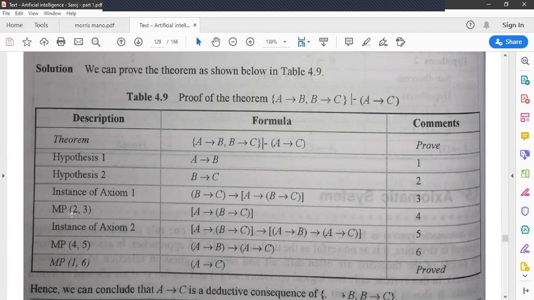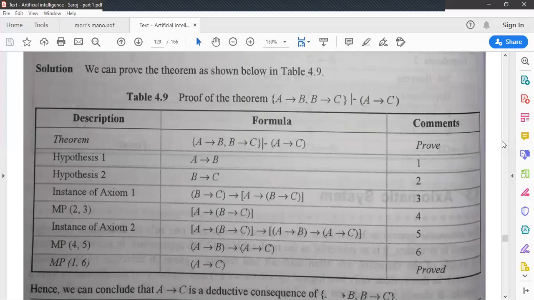Next you are applying Modus Ponens rule on line number 2 and 3. What is line number 2? This B implies C. What is line number 3? That axiom 1. When you look at this, you find that B implies C, B implies C, they both are common.